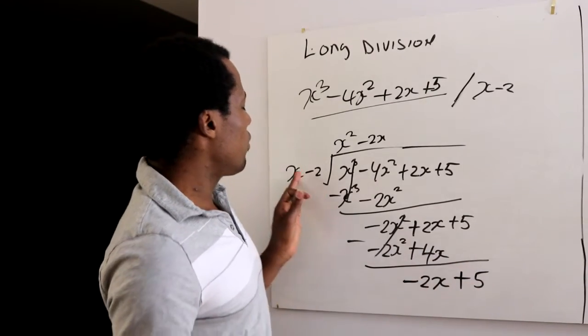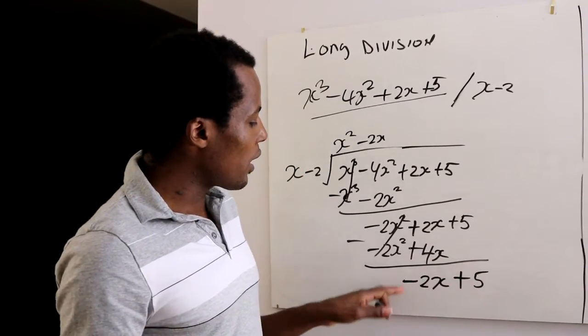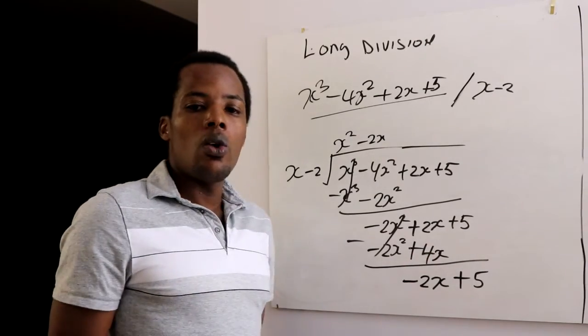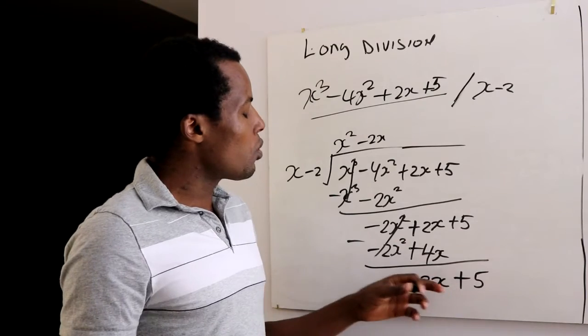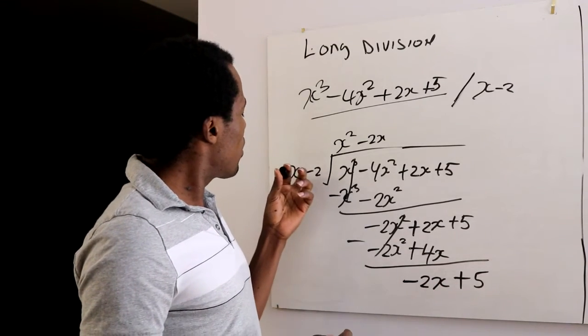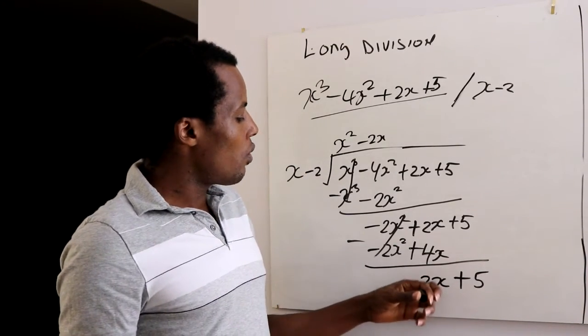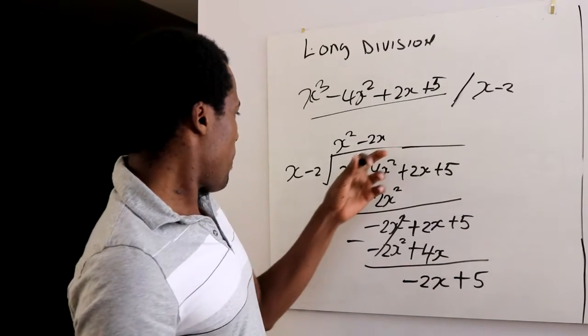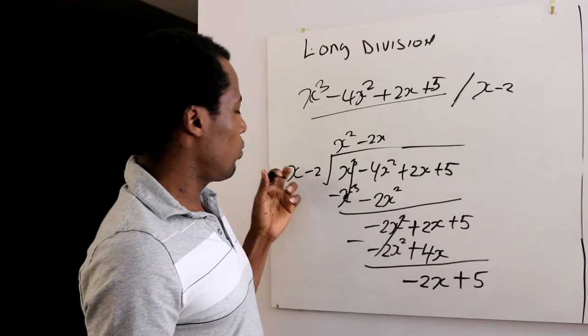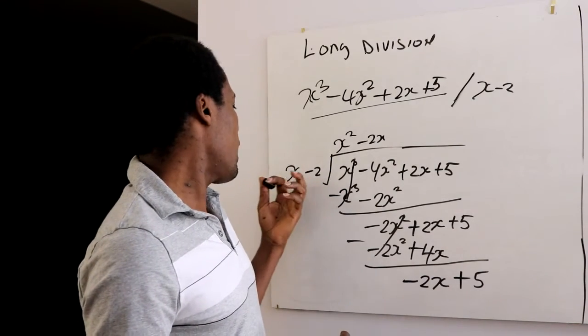So what do we need now? Our leading term is again minus 2x. What do we need to multiply our x by to get minus 2x? It's minus 2, because we already have x.